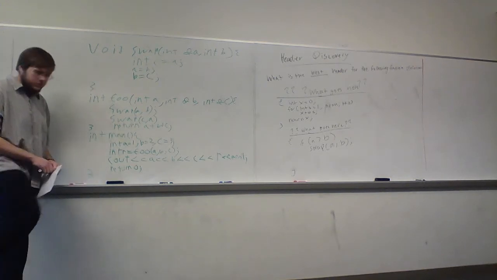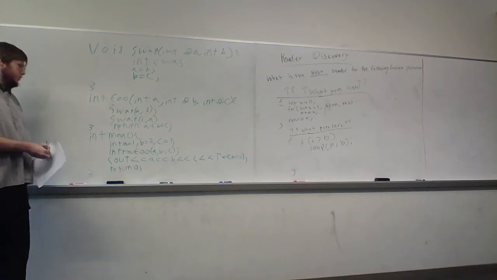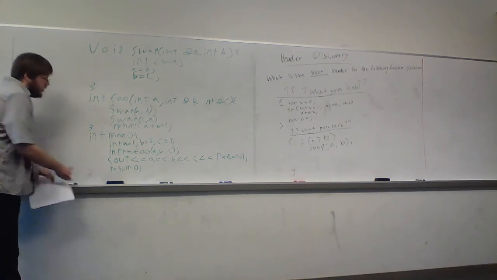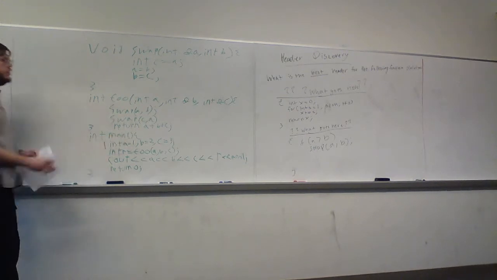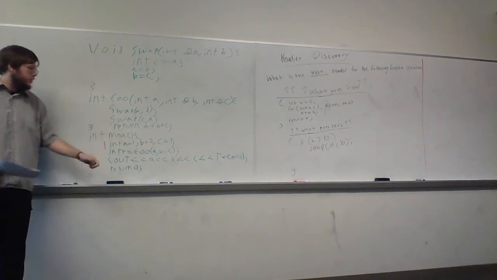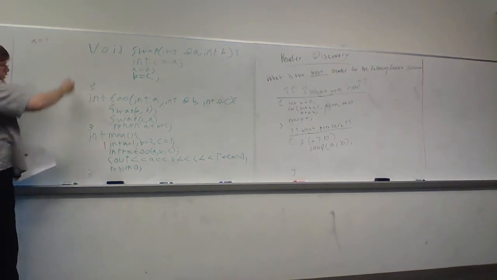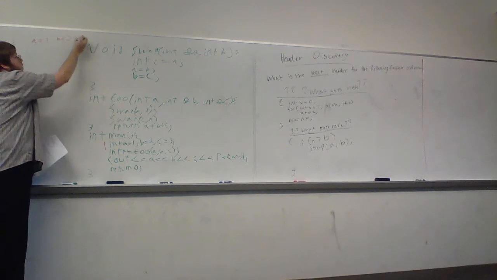Okay. So it starts here, with the first line in main. It says a equal to 1, b equal to 2, c equal to 3.